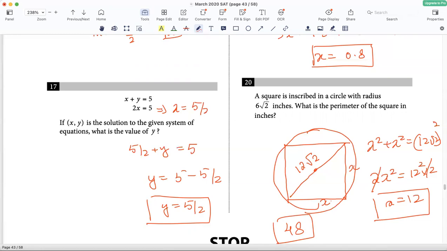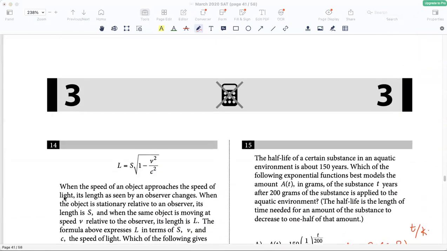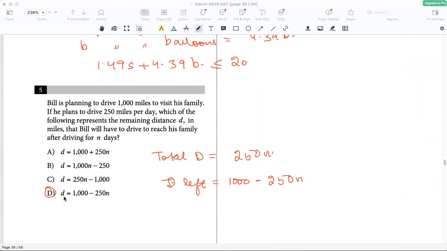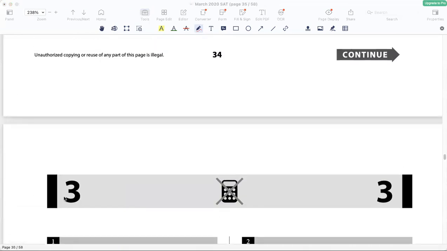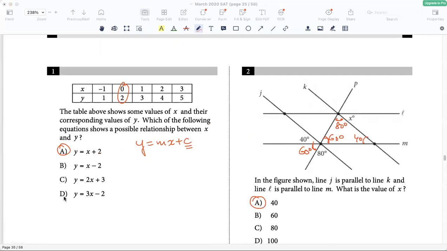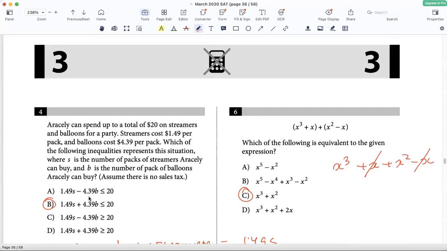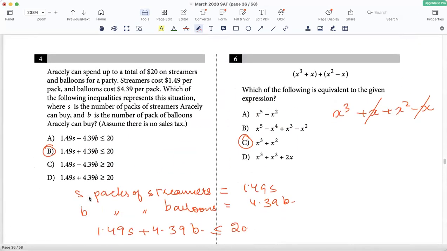So let's grade this and see if we got this correct. Starting from question 1. Okay, let's go to the first one. Double A, double B, DC. Double A, double B, DC.